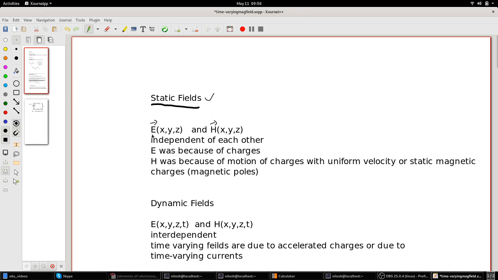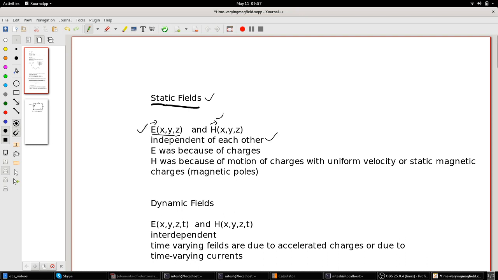What we have seen is that E and H are represented using x, y, z in rectangular coordinates, or if it's moving towards cylindrical, then it's rho, phi, and z, and so on. One thing we have seen is they are independent of each other. E is generated because of static charges, stationary or moving.